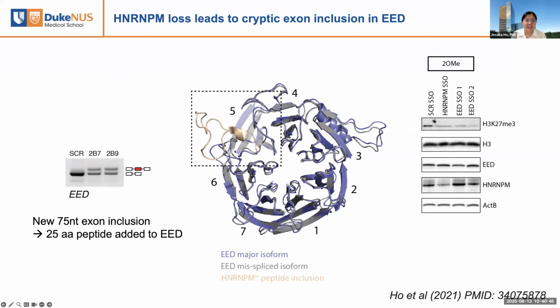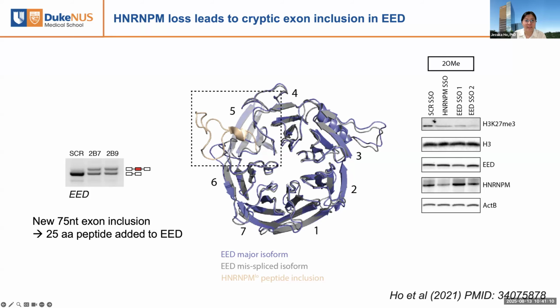So EED protein is a beta propeller structure, and it comprises 7 WD repeats. And what this 25 amino acid peptide did was it disrupted the beta sheet in WD repeat 5 of the EED protein. And this disruption was predicted to destabilize the entire EED protein.